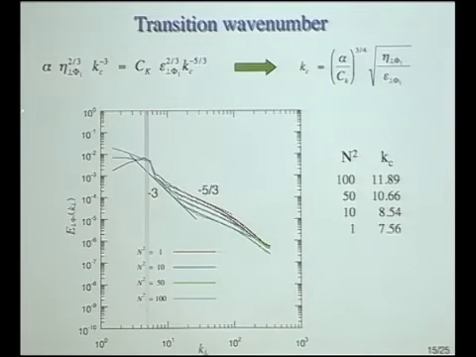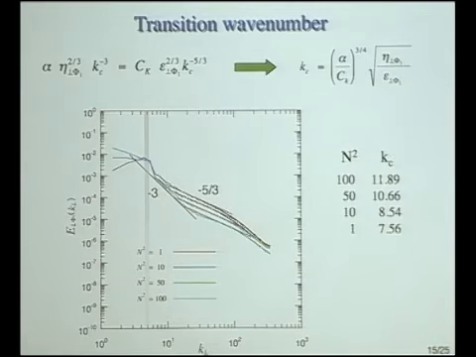So using these values, alpha is 0.02 from the fitting in the previous slide, and Ck is the Kolmogorov constant. We can calculate the transition wave number kc as alpha over Ck to the 3/4 times some ratio of entropy dissipation over energy dissipation, but they are horizontal.